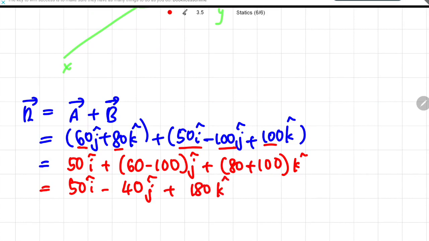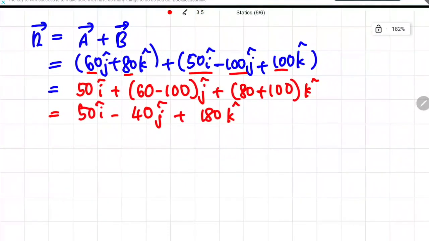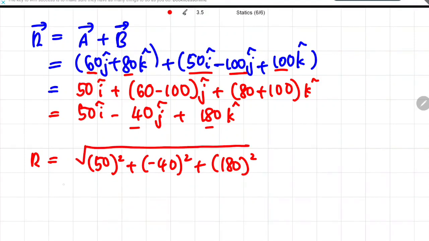Okay, lah ni soalan minta the magnitude of the resultant vector. So you can calculate the magnitude of the resultant vector using the equation: square root of Rx kuasa 2, which is 50 squared, plus Ry kuasa 2, which is negative 40 squared, plus Rz kuasa 2, which is 180 squared.